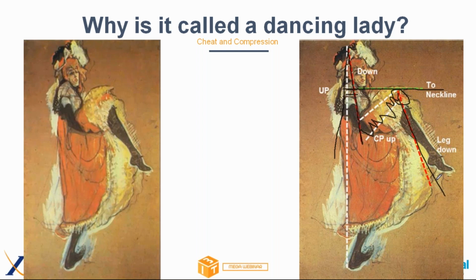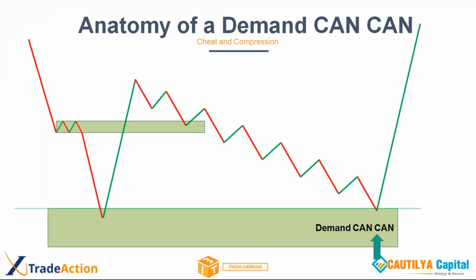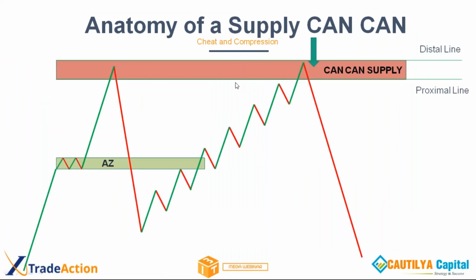Now there is a small difference between a cap and a can. The difference is this. Generally, this is the cap, right? Most of the time cap would be here. This would be the neck zone, which means the origin of engulf would be here.